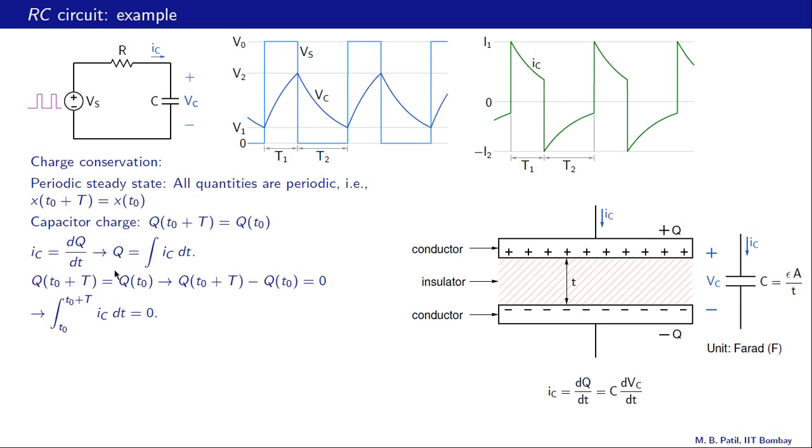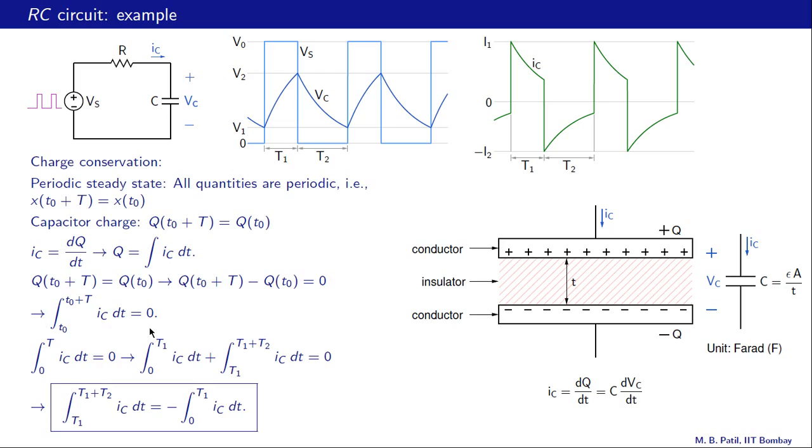And because we have this relationship between q and IC, this equation here can be rewritten as integral IC dt from t0 to t0 plus T equal to 0. Let us take a specific case. Let us take t0 equal to 0, this time point here, and then this becomes integral IC dt from 0 to T equal to 0.